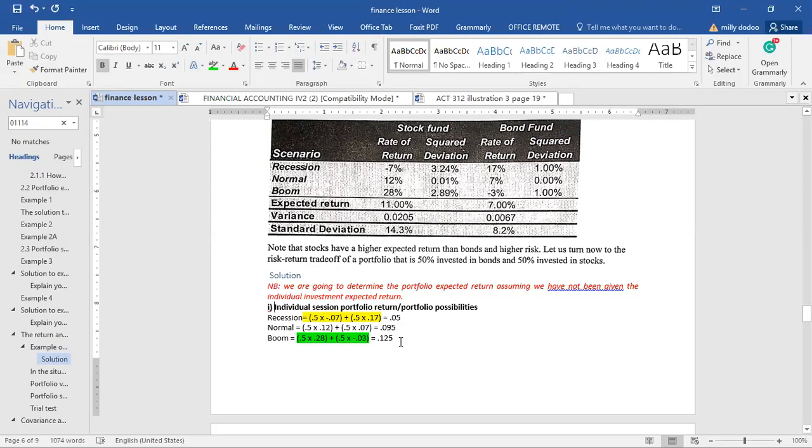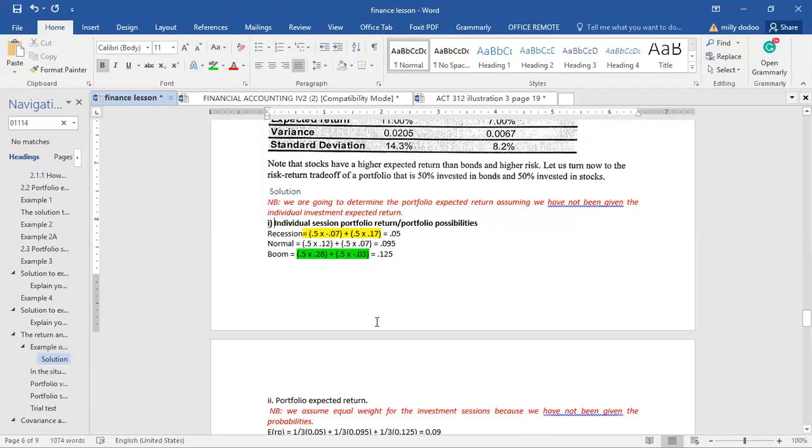The second method is where you have not been given the individual expected return, which I'm doing now. I already did the first method with you already. Are you getting me? So don't go and see the question and be confused. You must understand the variables you have been given. And once you know the variables you have been given, you will know how you are going to use these variables to arrive at a final answer.